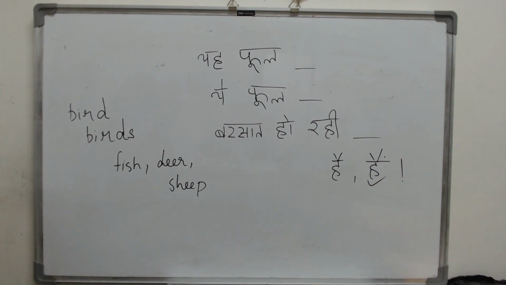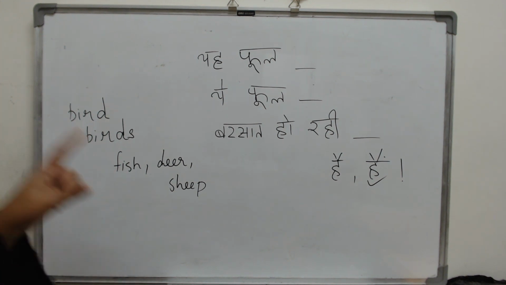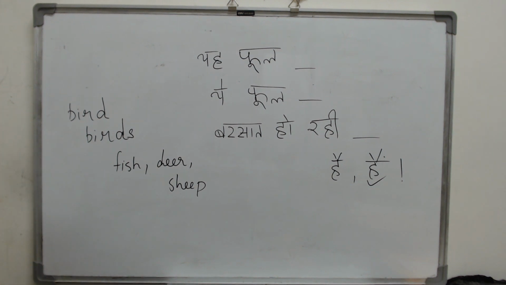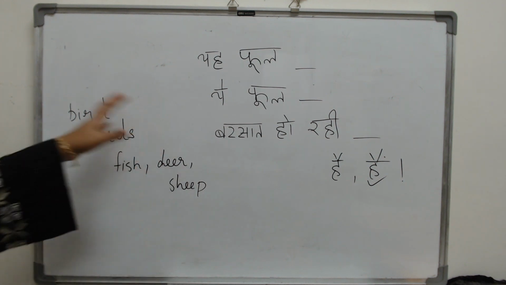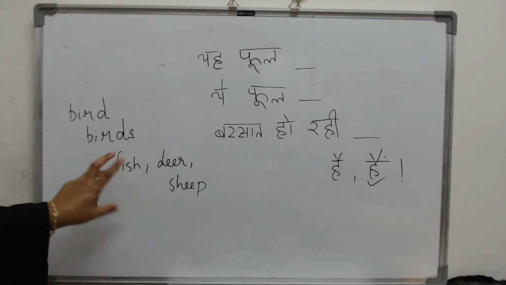You will look at the sentence I am saying. If I say the fish is swimming, you can know that I am talking about just one. But if I say the fish are swimming, you can know that I am talking about many fish. So it is the same word used in singular and plural.